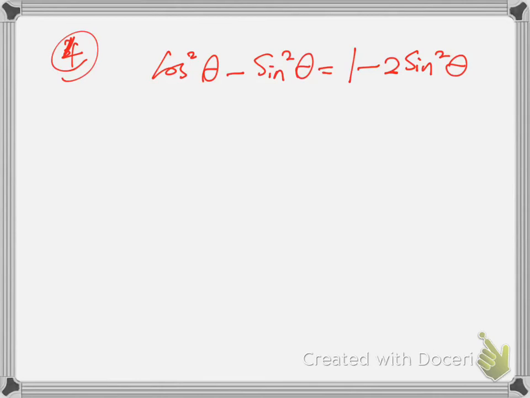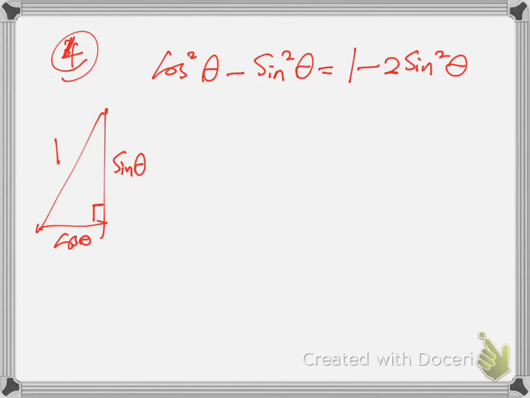For this question, we don't need to change trig functions to sine and cosine because they are only sine and cosine. Then the only thing we know is this triangle and the Pythagorean identity. Let's first simplify something.